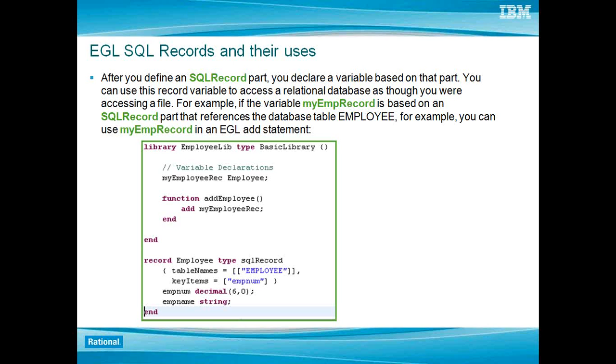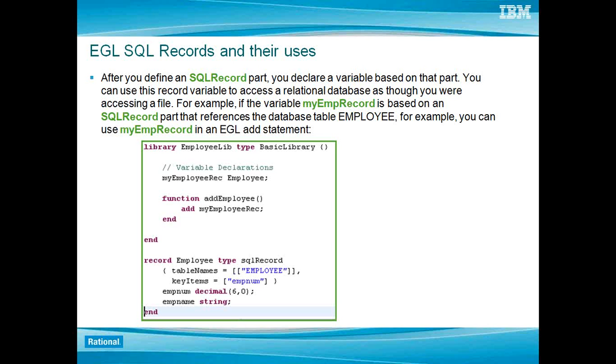And employee record is an SQL record variable, and it has a table names property, and in the table names property we have specified employee. So this property denotes that this employee record is bound with an employee table.